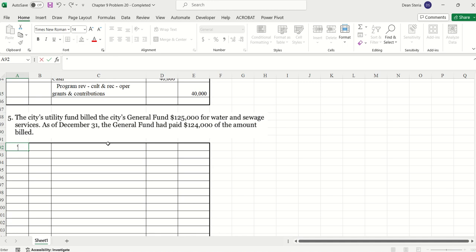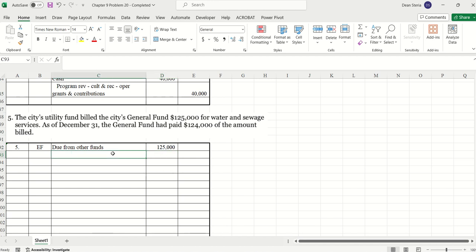So this is entry number 5, and that's going to go into the enterprise fund, and we are going to debit due from other funds, and that was that full 125, right?